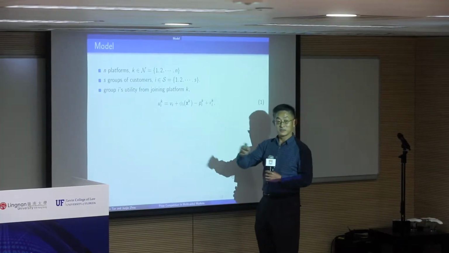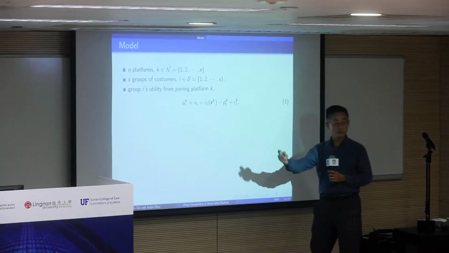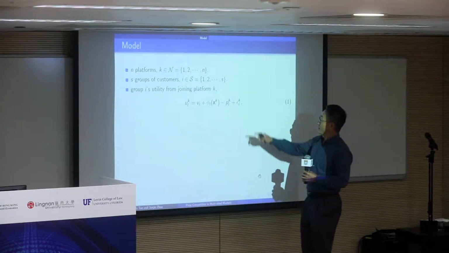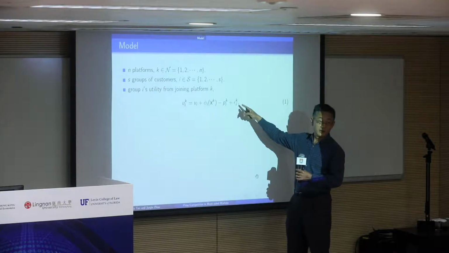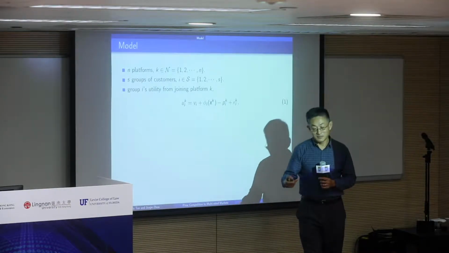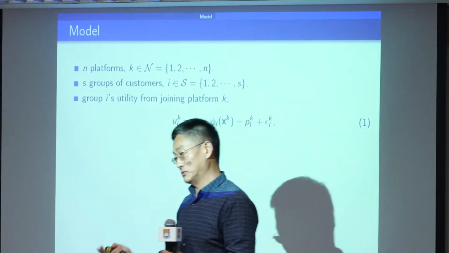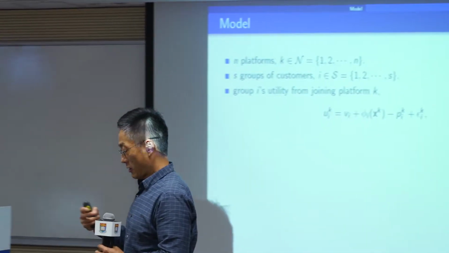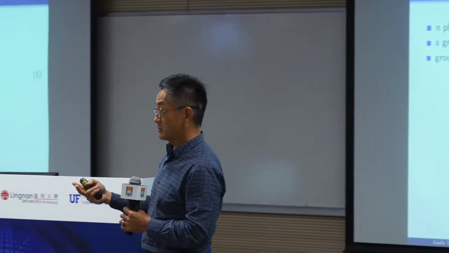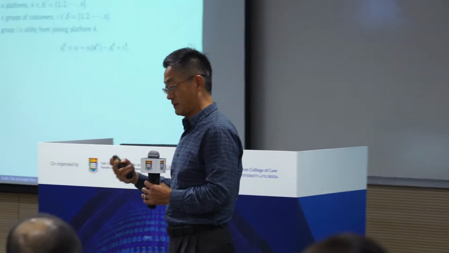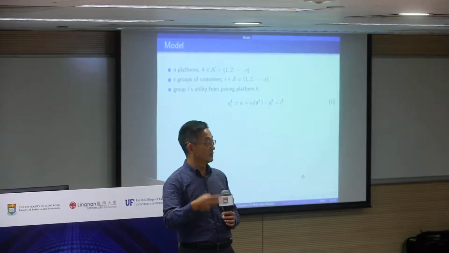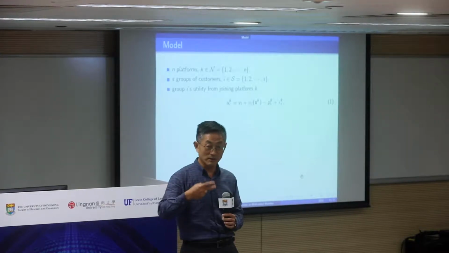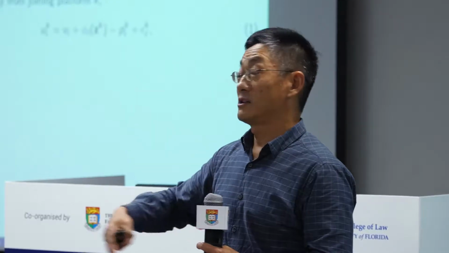And I is the size, the customer from group I. You pay a price, and there's another part of utility. Consumers know that part of utility. However, from the platform's perspective, from the research perspective, that is random. So we typically use a distribution to describe the random variable. That is how we generate the demand system.